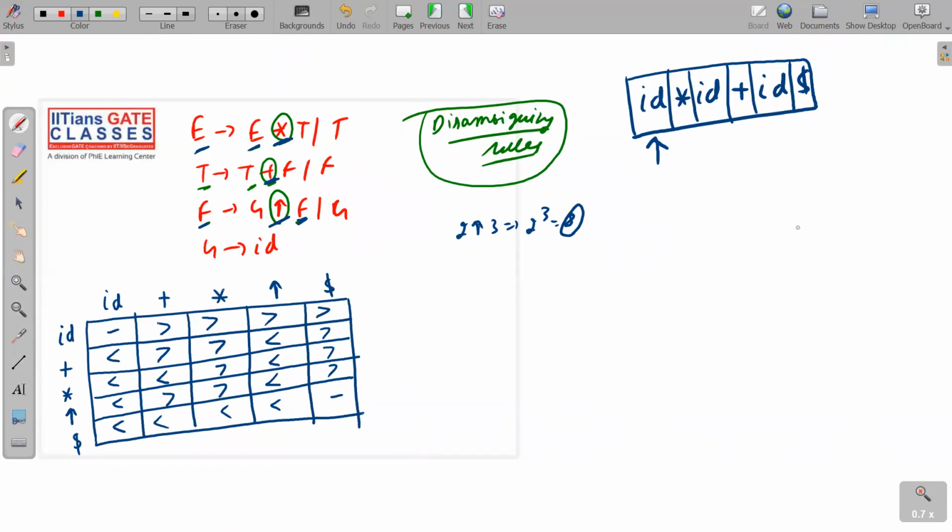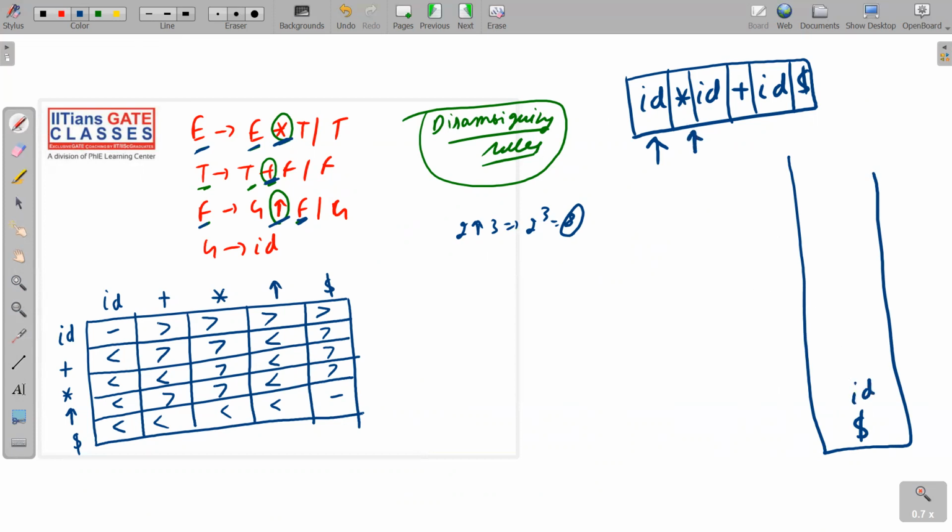Dollar will be at the end. ID and dollar are compared. ID has more precedence, so ID will be pushed onto the stack. The lookahead pointer will point to the next symbol.